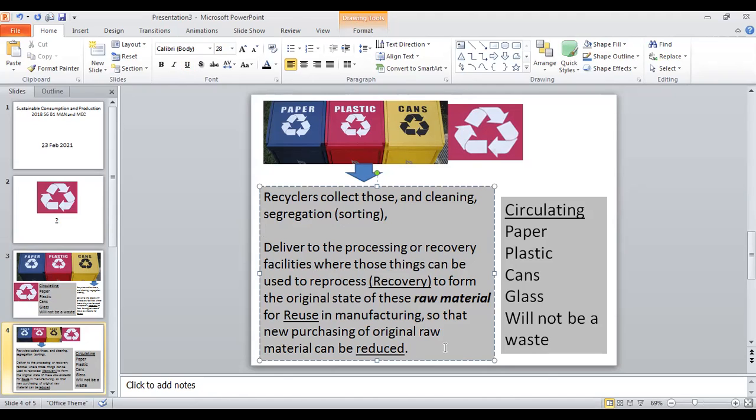Okay, so reduce, recover, reuse, and as a result, this reduce because of this recycling. Okay. Recovery, reuse. So recovery and reuse is recycling.